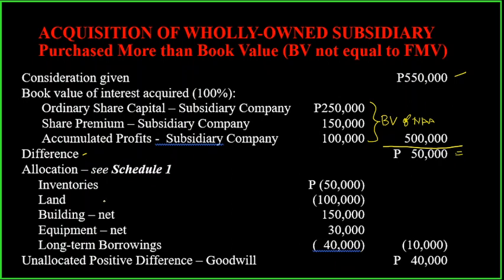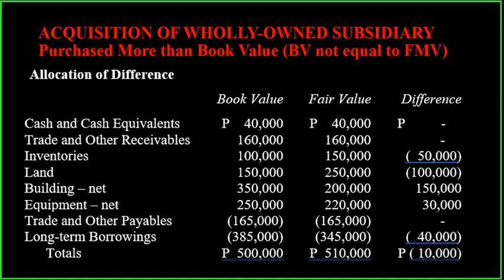And then, you deduct the allocation. Here, what he did was add it. If it were me, I would deduct that. But this one is positive. If you notice, the inventories, let's go back. The inventories are 100, and the fair market value is 150.